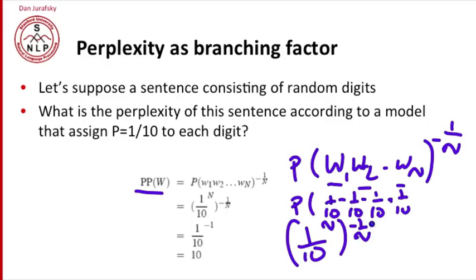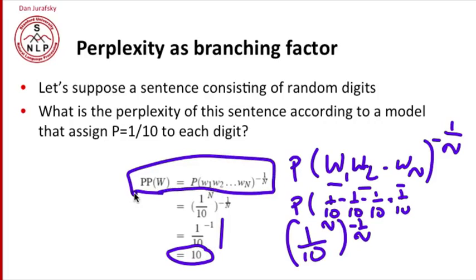As we can see, the n's cancel. We get 1/10 to the minus 1, or we get 10. So by thinking about perplexity as the normalized probability of a long string, we can see the intuition of the average branching factor: by normalizing for the length, we're asking how many things can occur at each time, weighted by their probability.